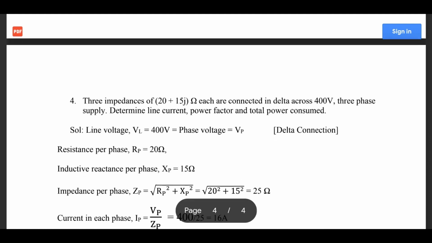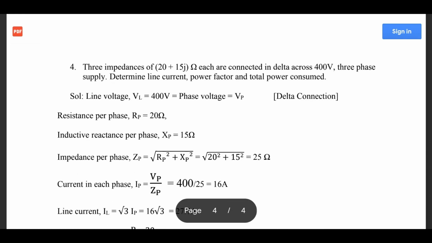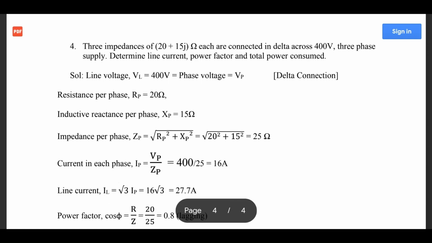Okay, now we will move to another numerical based on the delta supply system. So here three impedances of 20 plus 15j ohms are connected in delta across 400 volts. So the impedance is given in vector form or R plus Xj form.